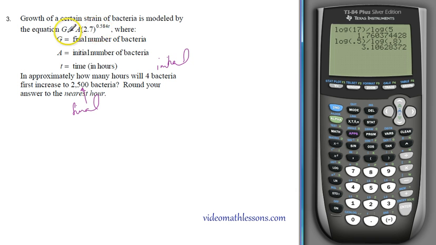Okay, so now let's plug in here. Final is G, so that's 2500, equals initial 4 times 2.7 to the 0.584 T power. Now, once again, I'm not crazy about this 4 in front, so I have to get rid of that first.